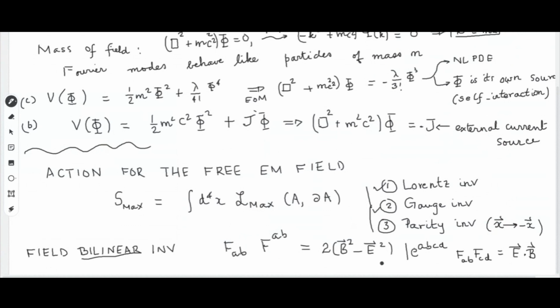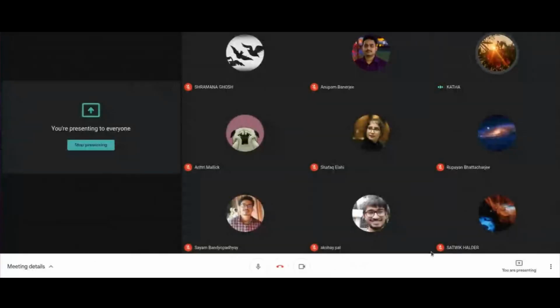But for the case of E dot B, if I change x to minus x, E changes from E to minus E, and B remains B. Very good. So this violates parity. Thank you very much, Katha. That was an excellent answer.